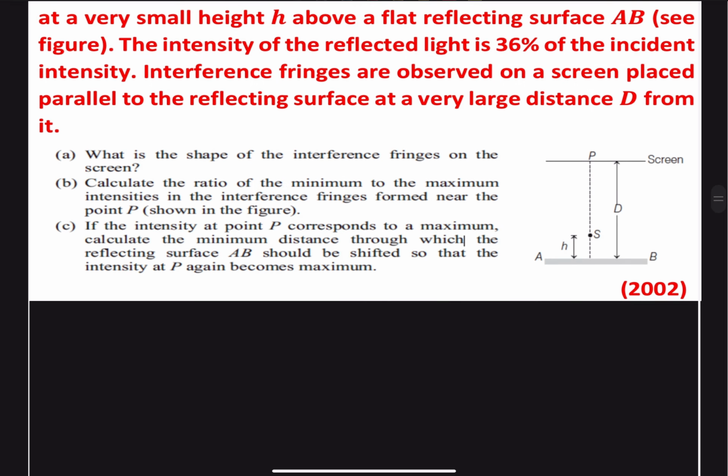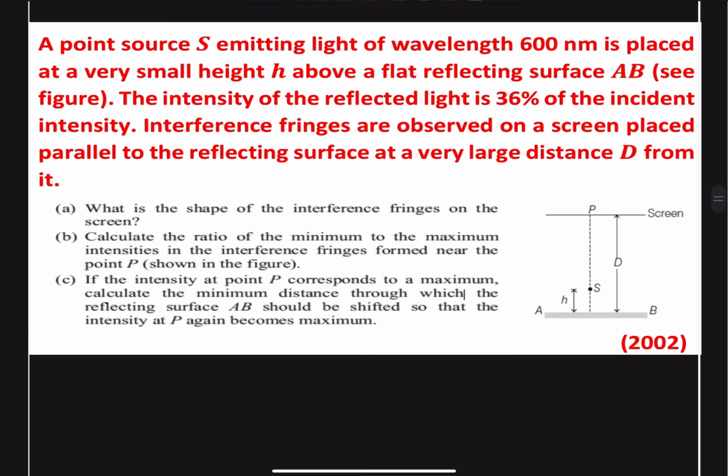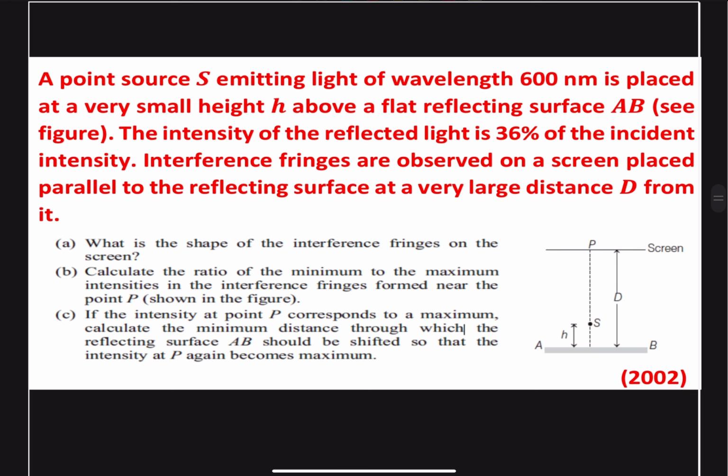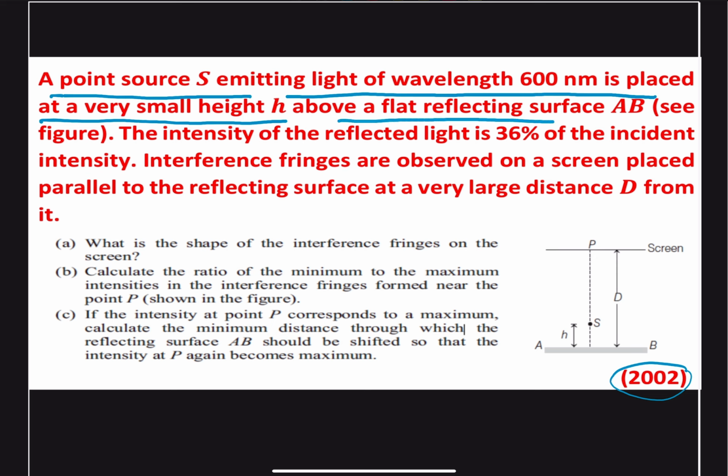We come to the next question. This was also asked in the year 2002, and it states that a point source S emitting light of wavelength 600 nanometer is placed at a very small height h above a flat reflecting surface AB.